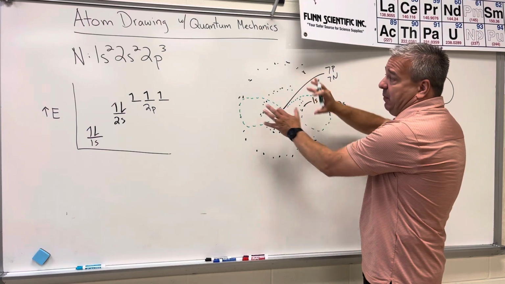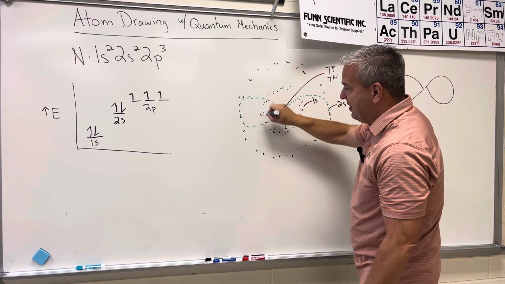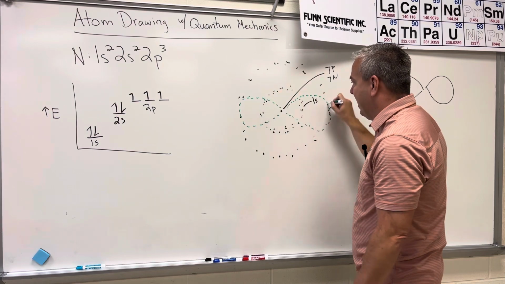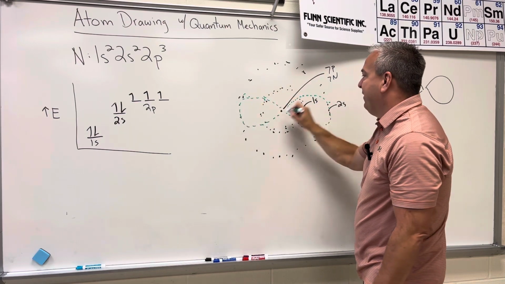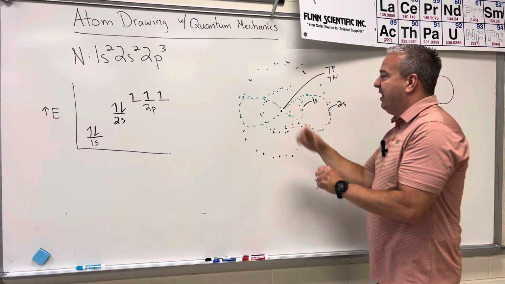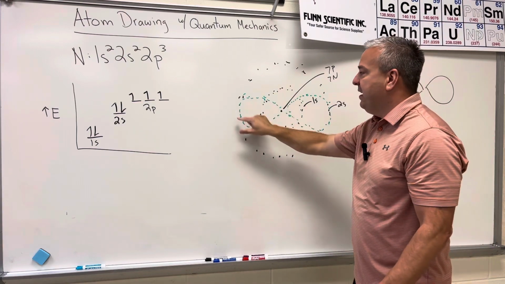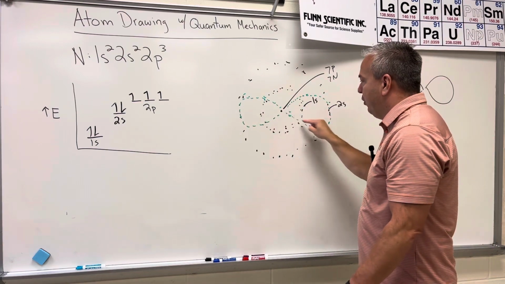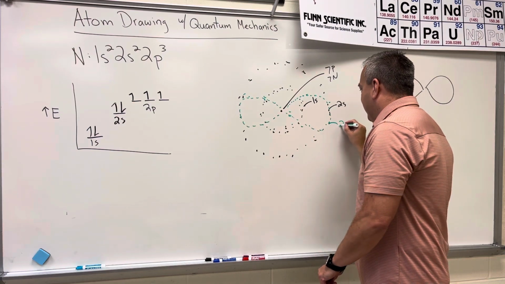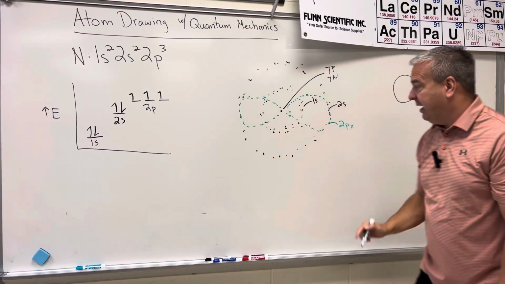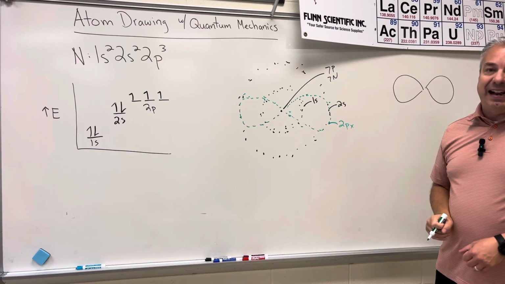It's exactly the way we did the sphere. So it really should have been stuff like this, just kind of random. And then after a while, you see this dumbbell that appears. You've got a lobe here and a lobe here, and we're going to label that as the 2px.